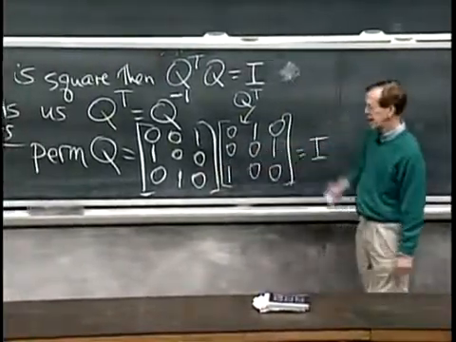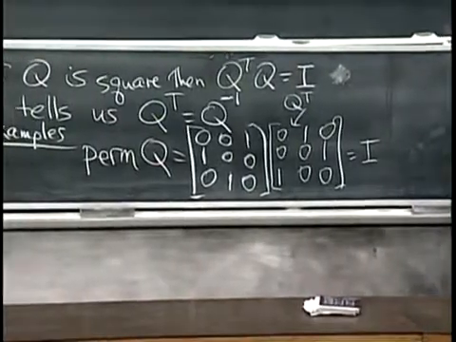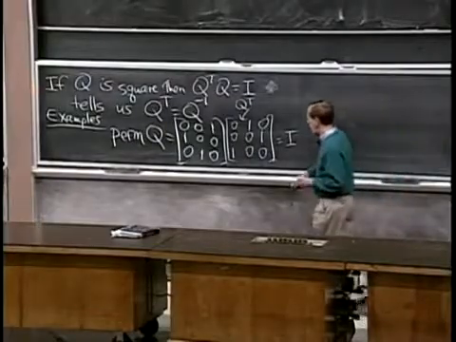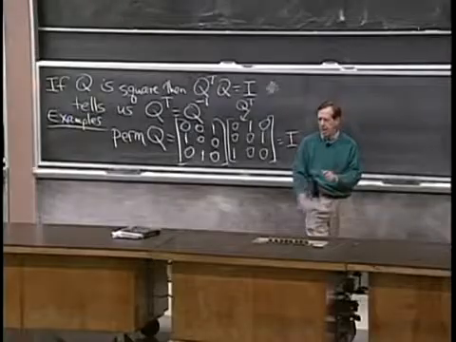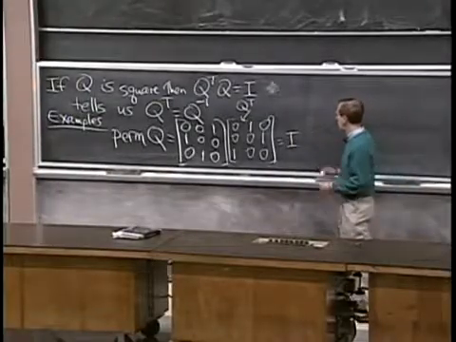But those are real easy examples, right? To get orthogonal columns by just putting ones in different places is like too easy. So let me keep going with examples.